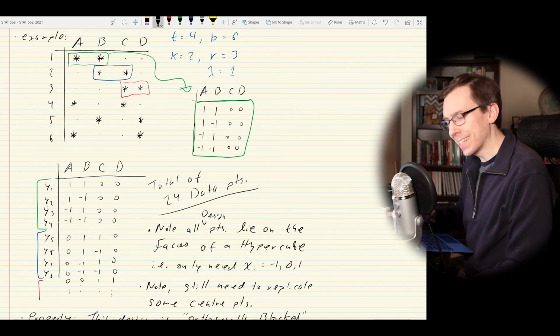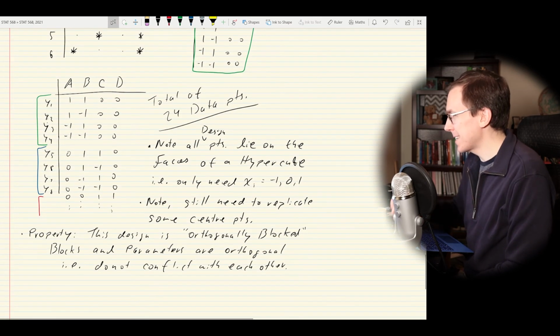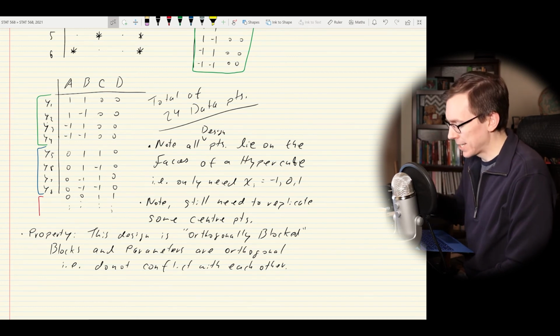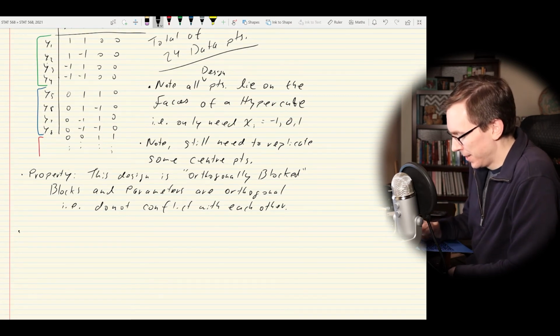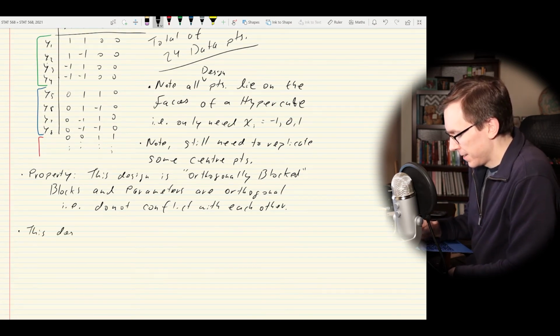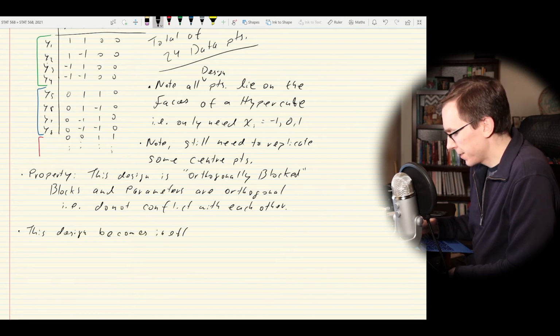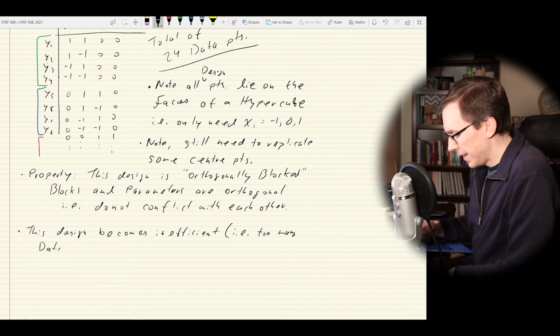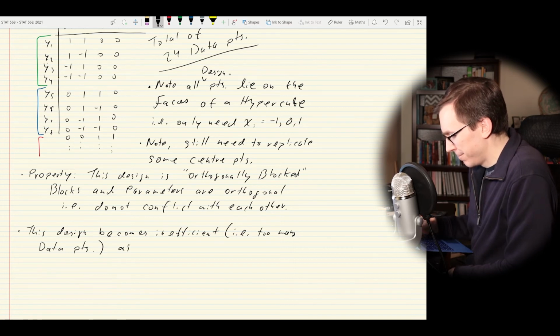And yes, I think that's all the interesting points, except, typically the total number of treatments will become quite large as the number of factors increase. So this design becomes inefficient, i.e. too many data points, as, I guess, the number of factors increases.